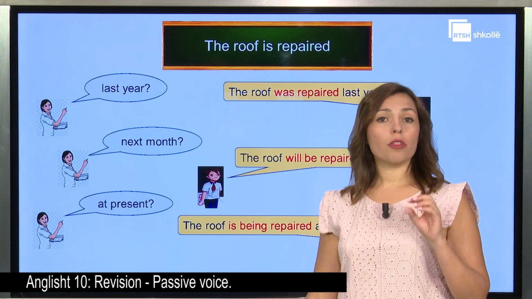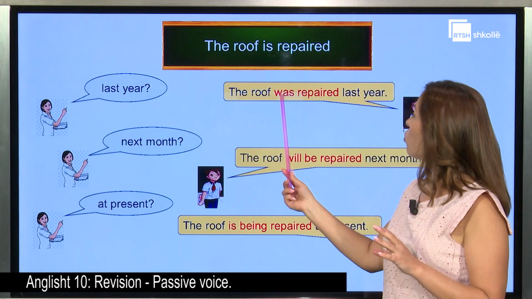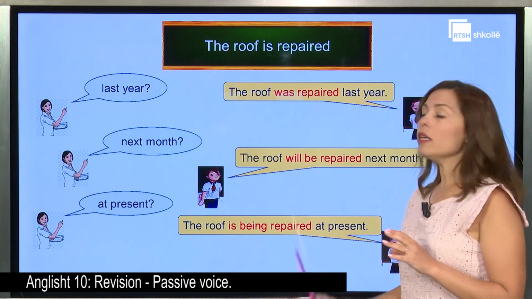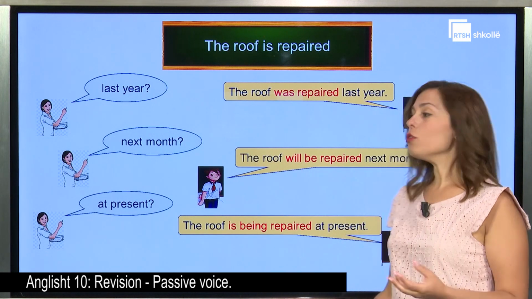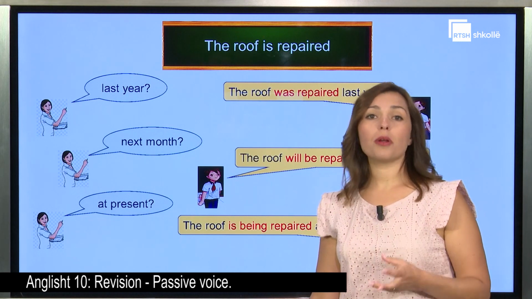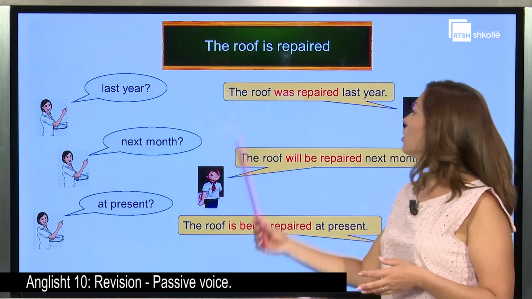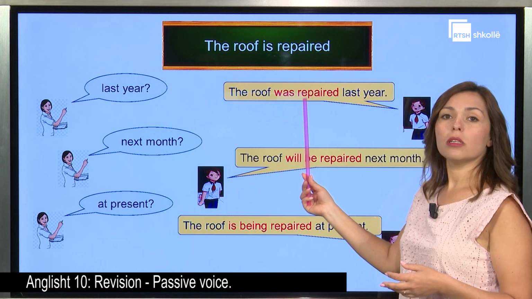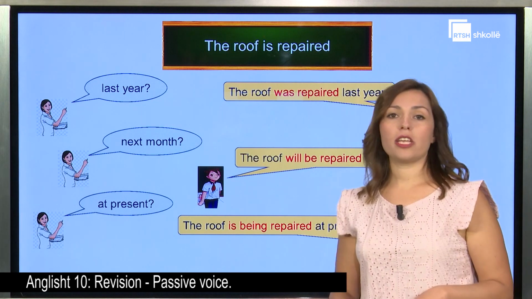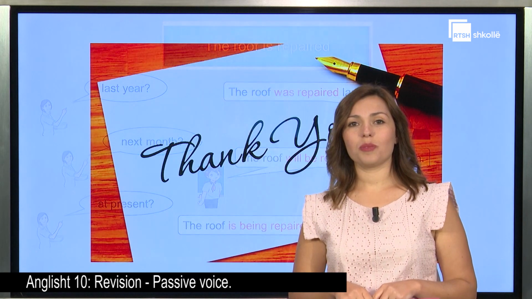Then we put the verb to be in that tense, was, the verb to be in the past, will be, the verb to be in the future, or is being, the verb to be in the present continuous, because it's happening now. And finally, we put the past participle, repaired. That does not change, we said, in the different situations.